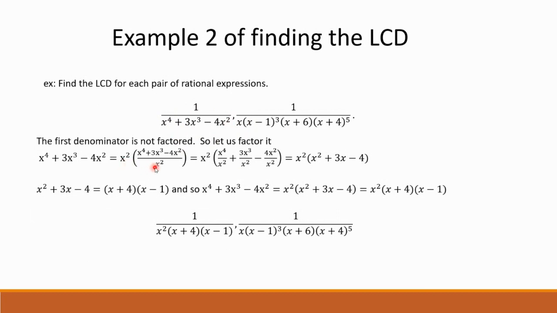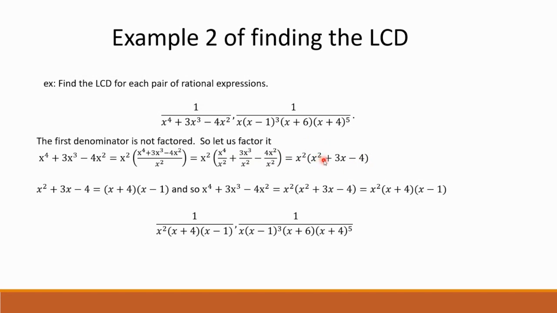How do you get what's left over? Just like before, you have to divide into each term. So we have x squared times x to the fourth over x squared plus 3x cubed over x squared minus 4x squared over x squared. That's what we get here.